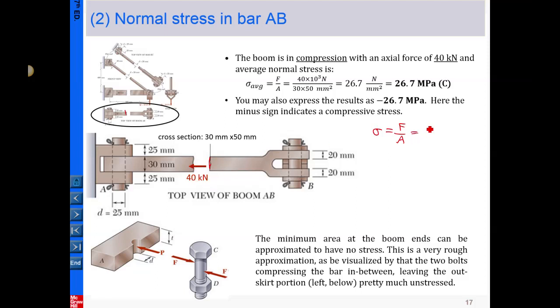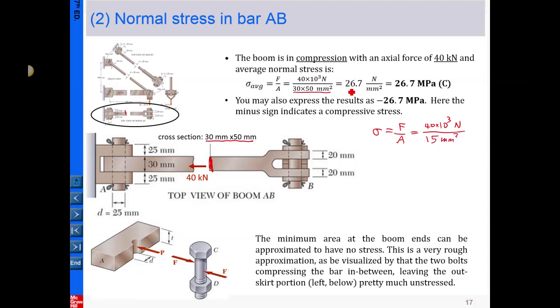So F equals 40 times 10 to the 3 Newton. And what is the area of this? The area of the cross section equals 1500 millimeter square.